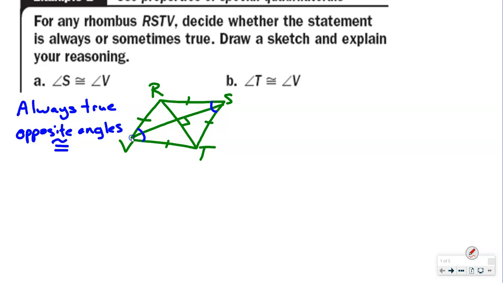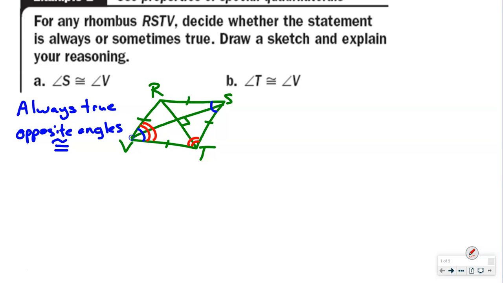And I'll use red for T and V, with T and V being congruent. Looking at the red marks here. T and V, we know it's a rhombus. So in a rhombus, again, we know our 4 congruent sides, our diagonals are perpendicular.